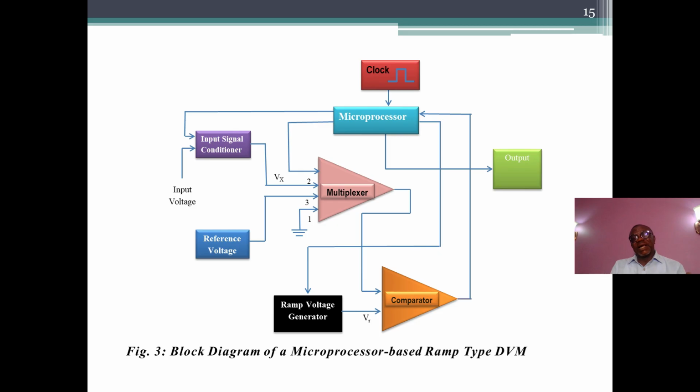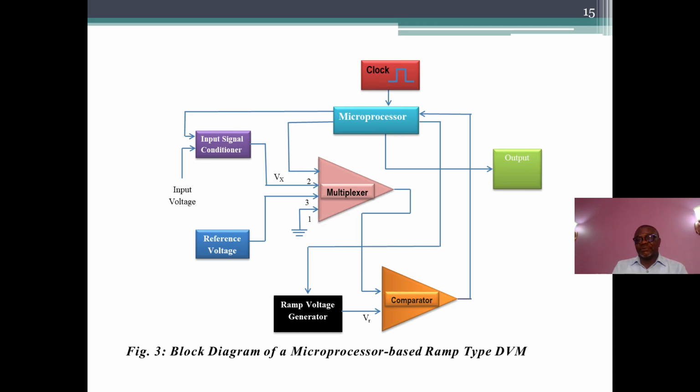So these are combined together at the multiplexers to give a fine output which gets back to the comparator, and the system continues like that until the signal you want to measure is being taken.